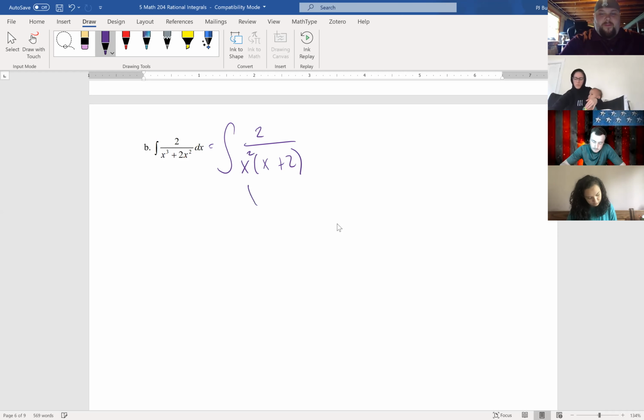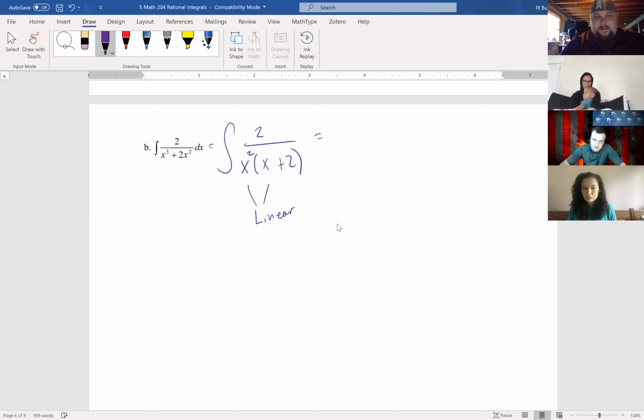These are both linear. Don't let that x squared fool you. If it was x squared plus 5 inside parentheses, something like that, that's a quadratic term. If it's x squared by itself, that is a linear term. And that's also a repeated term.